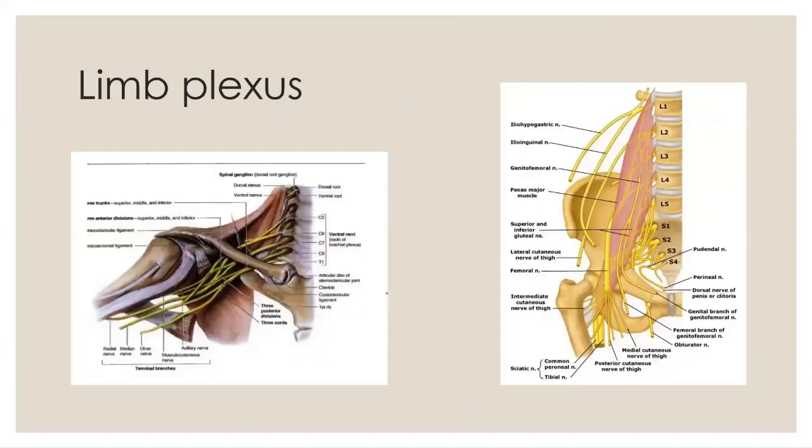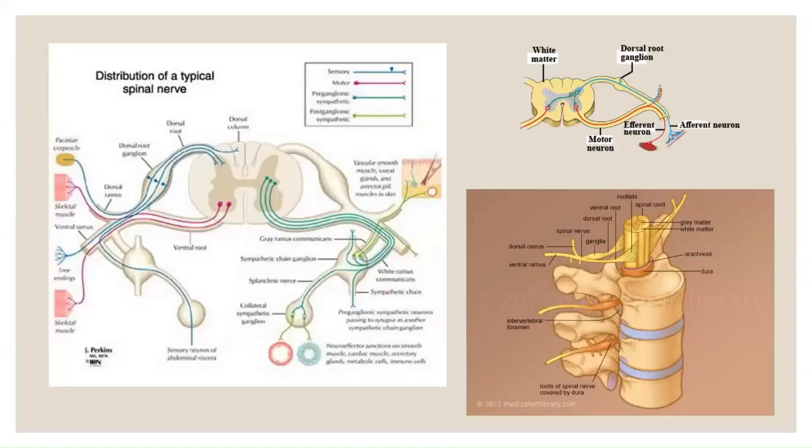So if you again look at the cross section of the spinal cord, here you have the cell body of the sympathetic nerve. It comes out through the anterior ramus, and then on either side of the vertebrae, you have two chains like this. So these sympathetic nerves enter this chain, the sympathetic chain.